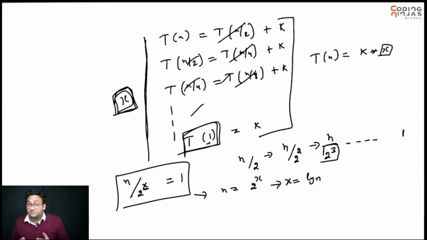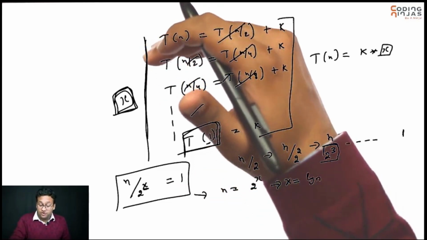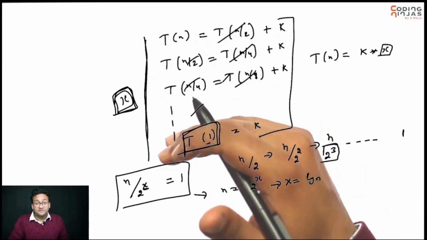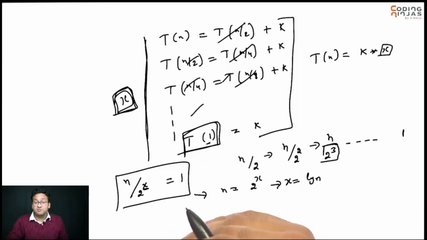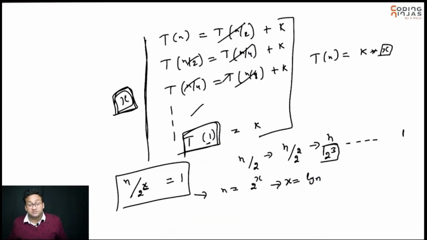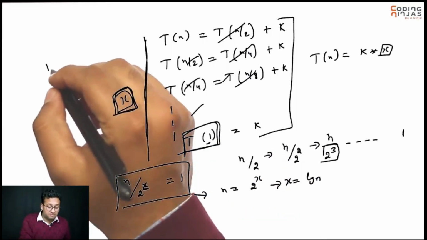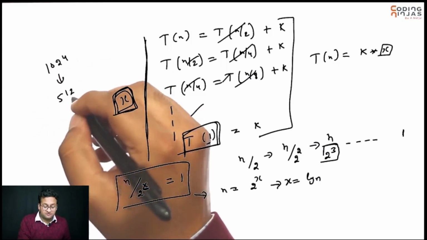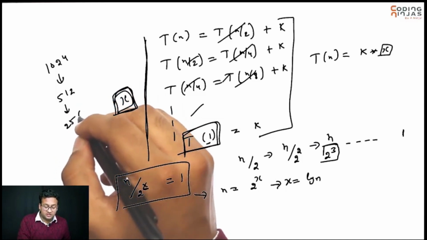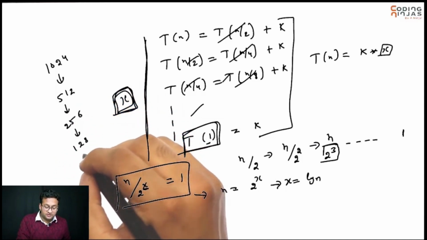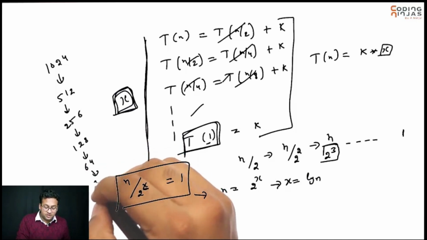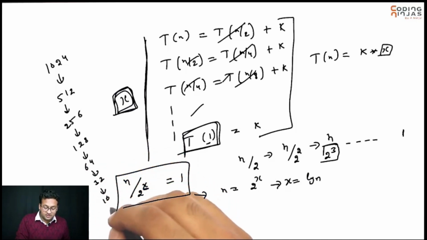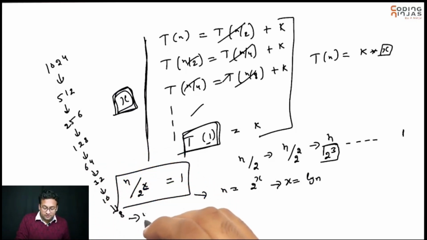Okay? What this means is, if you reduce by half every time, it becomes much faster than linear. That makes sense, right? For example, if I start from 1024, I will reach 512, then 256, then 128, 64, 32, 16, 8, 4, 2 and 1.